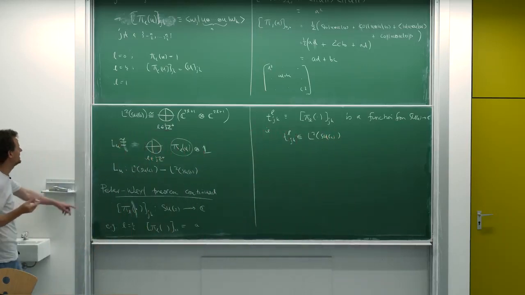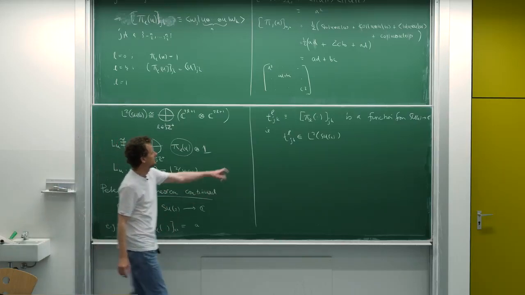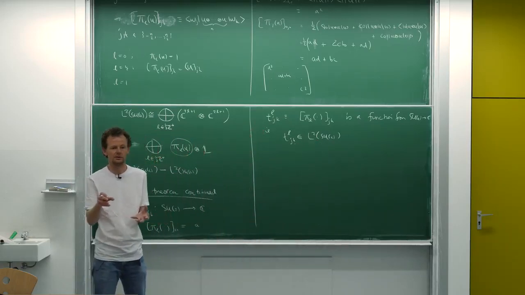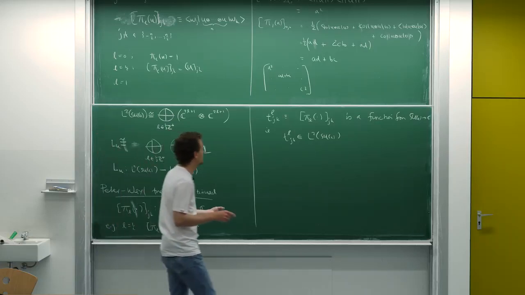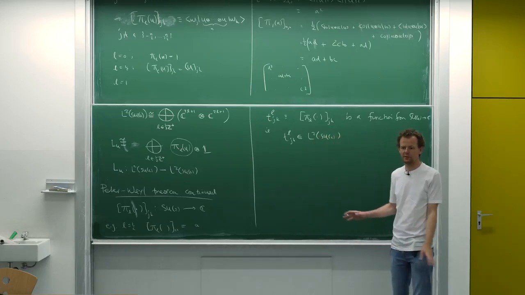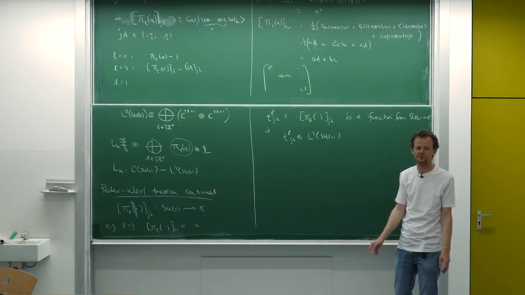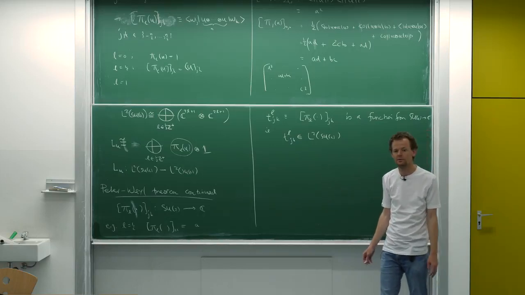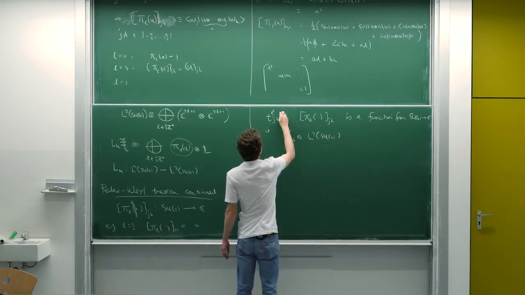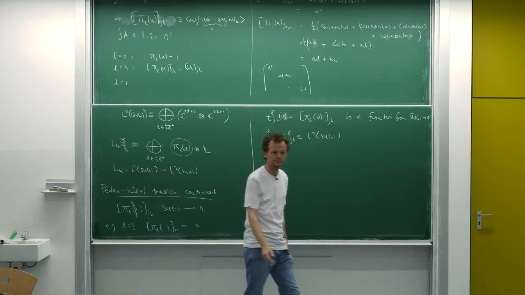It says that this matrix element here, the j-kth matrix element of the spin L representation, which is a number, is an element of L2 of SU2. If you take out its argument, the matrix, then you can think of it as a function from SU2 to the complex numbers. And it's square integrable because the manifold SU2 is compact, so it's not going to diverge, because it's a polynomial in the entries of the matrix U. So if you put the argument in U, then you get this.